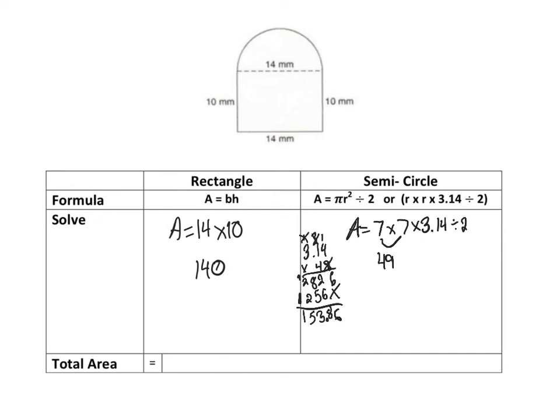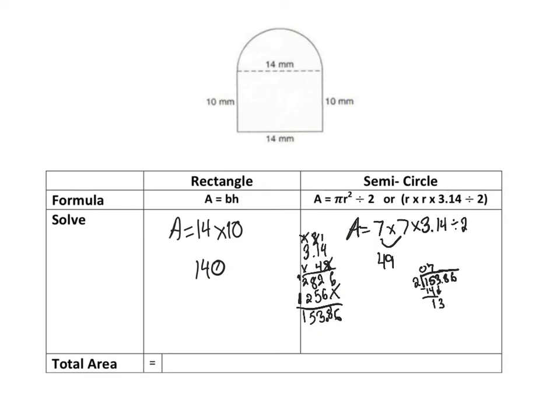And I can't forget about that last step. Divide by 2. So 2 is on the outside and 153.86 is on the inside. Then I can divide. 2 divided by 1 is 0. 2 divided by 15 is 7. That's 14. Subtract. 15 minus 14 is 1.